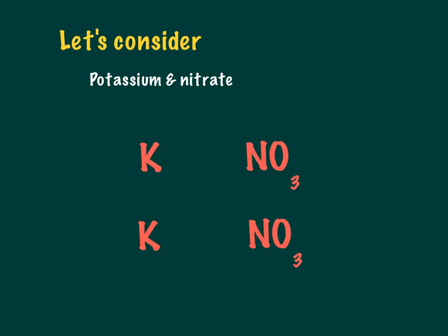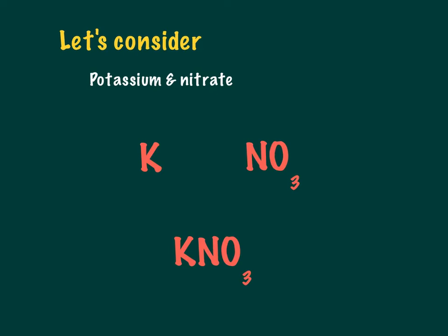So when these two join to make potassium nitrate, the 1 from the nitrate goes here. The 1 from the potassium goes after the nitrate. And we know that the K tells us there is 1 potassium. The NO3 tells us there's 1 nitrate. So the correct formula would be KNO3. And that is how we use valencies to do formula.